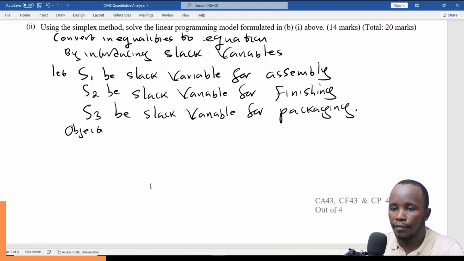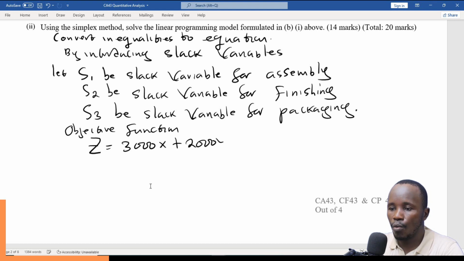Our objective function Z will be 3000x plus 2000y plus 0s1 plus 0s2 plus 0s3.